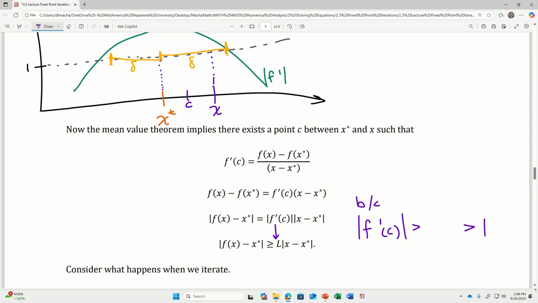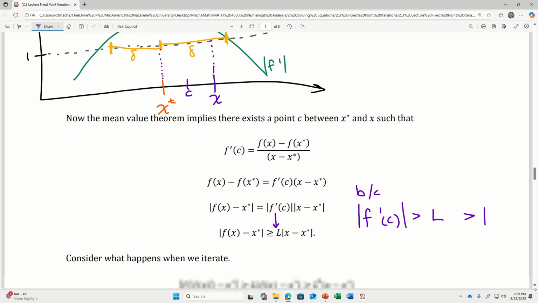And if that's greater than 1, then I can always sneak in a little number in between 1 and that value. And if this equation is true, the left side is equal to the right side, and the right side is greater than this L times the absolute value, then the left side should be greater than or equal to L times the absolute value.